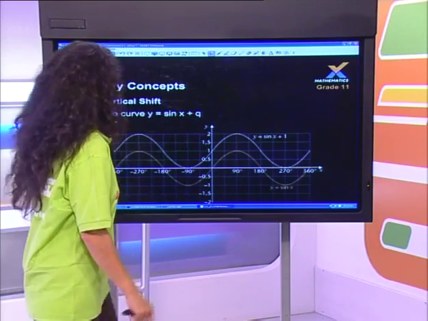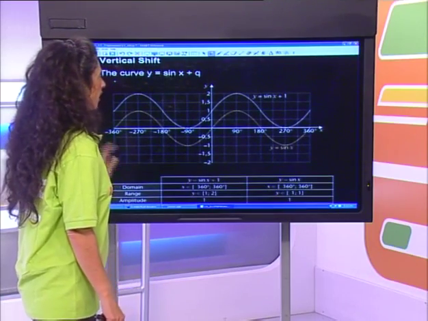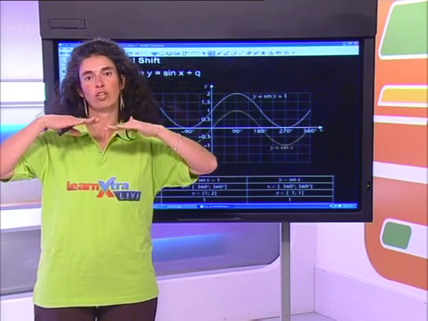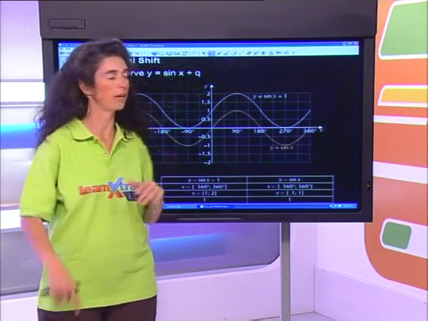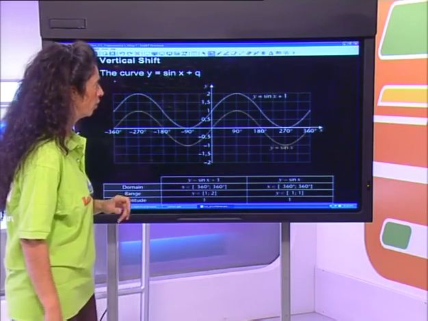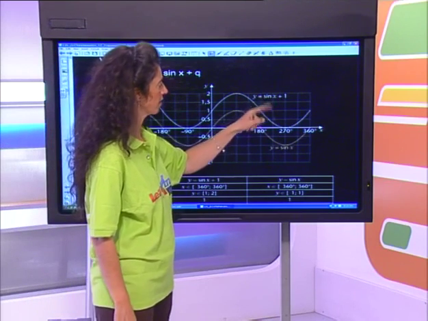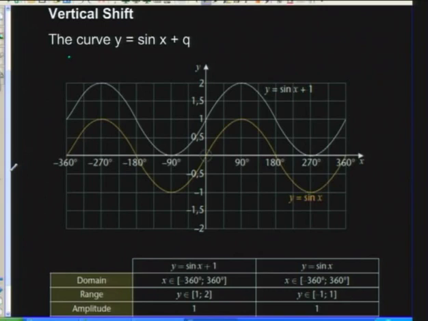Now, something you've done in grade 10 is your vertical shift. Basically, your y values will be translated up or translated down, depending on the value of q. So here I had sine x as a parent graph, and then if I took sine x plus 1, can you see how every single y value has just gone up 1?